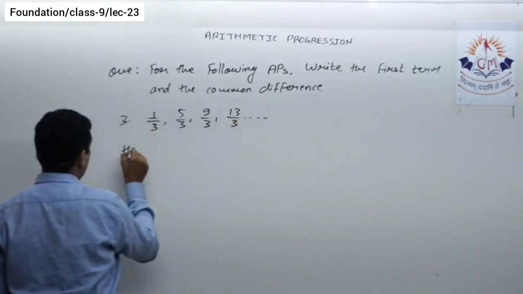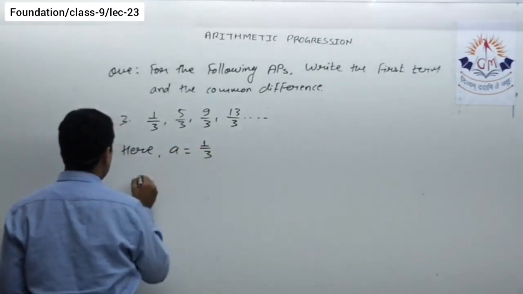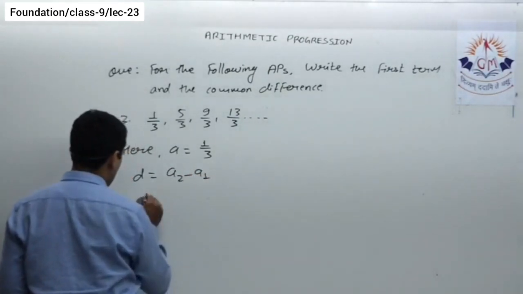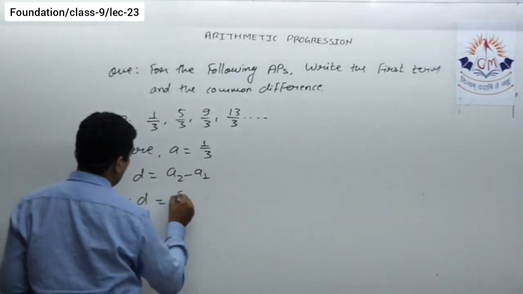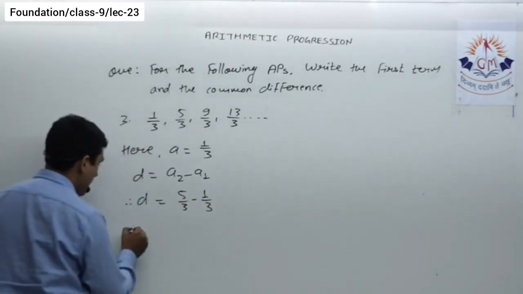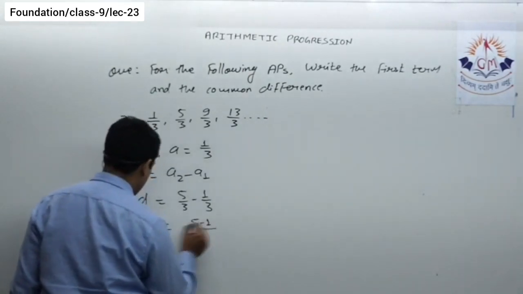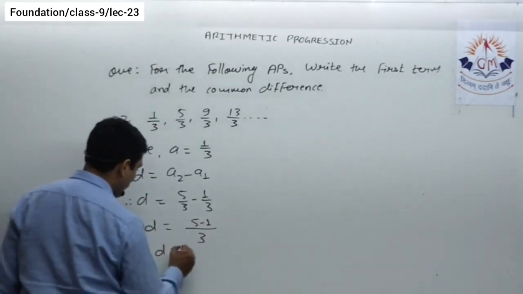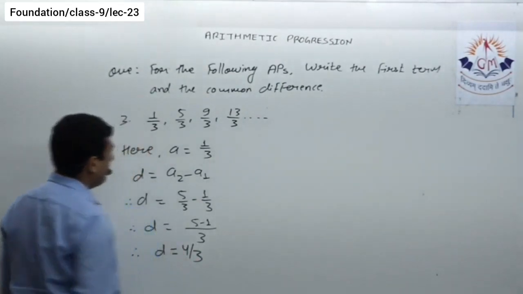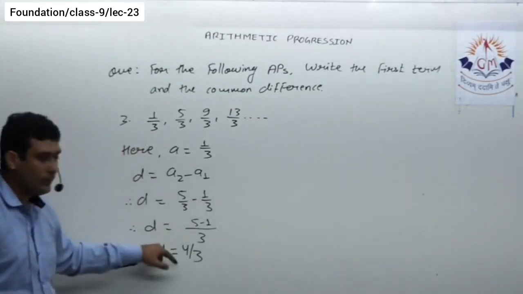Again here A is 1 by 3, D is A2 minus A1, therefore D is 5 by 3 minus 1 by 3. Therefore, if I take 3 as the LCM, D is equal to 4 by 3. This is the common difference. So the first term is 1 by 3, the common difference is 4 by 3.